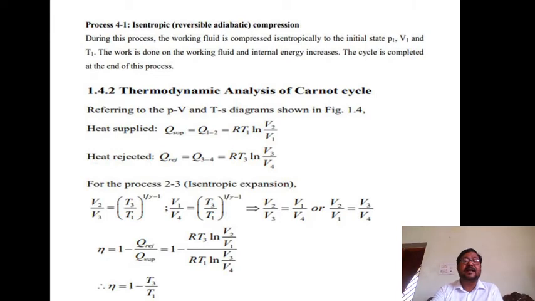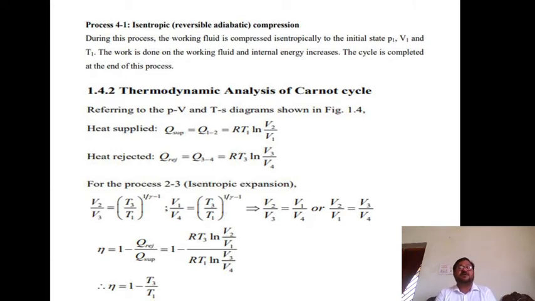In that, the heat supplied is Q = mRT ln(V2/V1). Here m is 1 kg, which is why m is not shown. Heat supplied is Q1-2 = RT1 ln(V2/V1). Heat rejection is Q3-4 = RT3 ln(V3/V4).